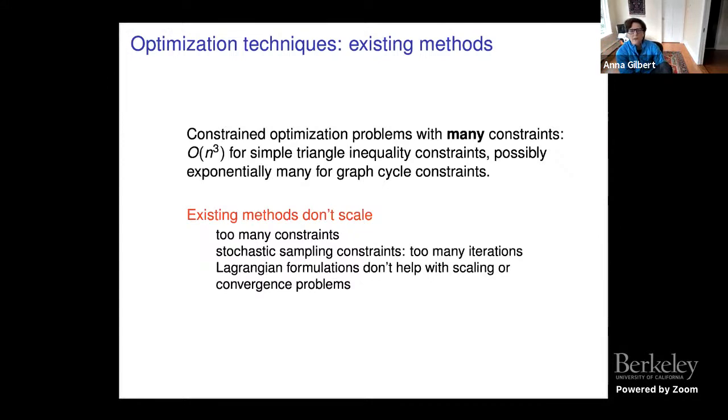Existing methods for trying to solve these problems don't scale particularly well, with far too many constraints. And a couple of the standard techniques to circumvent these problems would themselves have problems. If you wanted to sample the constraints in every iteration, it would take a lot of iterations to get through all n cubed constraints, and it would take a while to visit them enough times. Lagrangian formulations also don't help with these scaling or convergence problems.